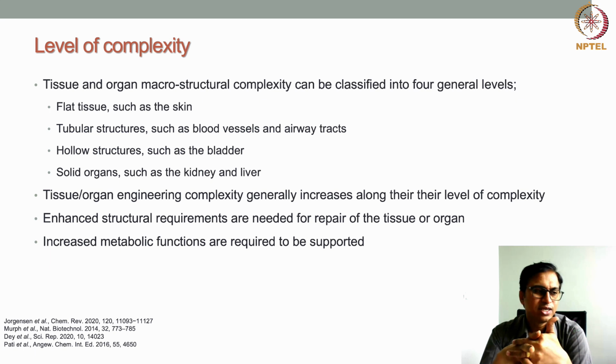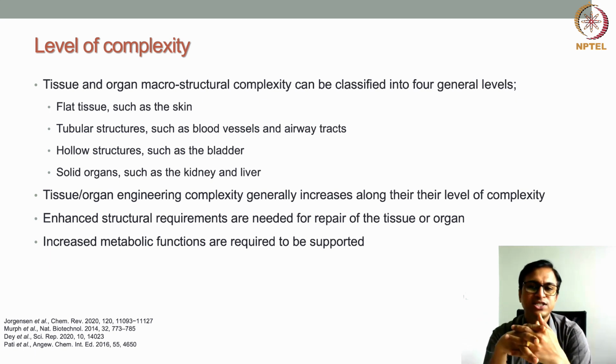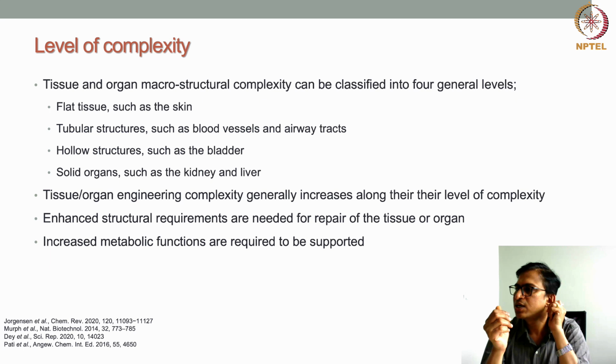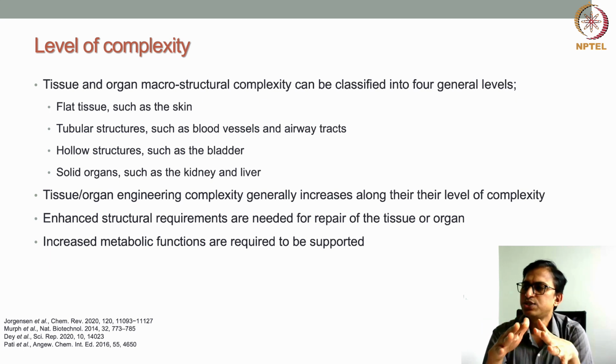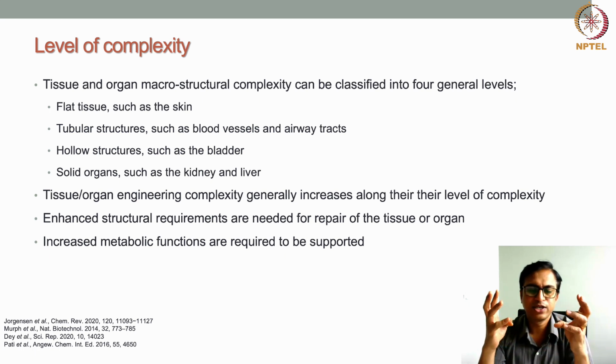And accordingly, if you see in the literature, you will find the same thing: people generally started with bioprinting of simpler structures like tissue, skin, and so on, where the strategy is also very straightforward. Depending upon the technical capabilities of the bioprinter, it is much easier to print a flat structure than a more complex structure like kidney or liver.